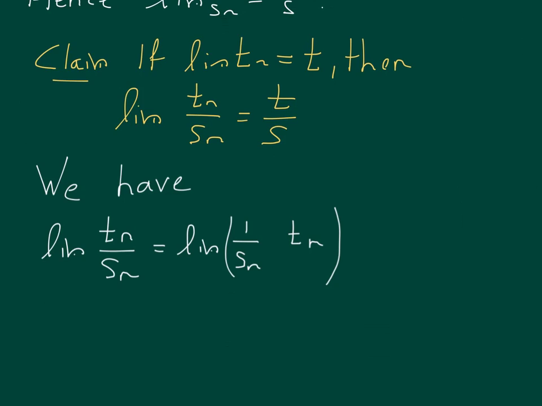And we also know from part C, which we already proved, that the limit of a product is the product of the limits of sequences provided the two limits exist.